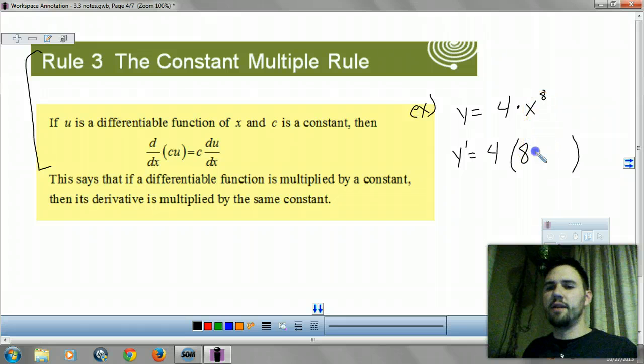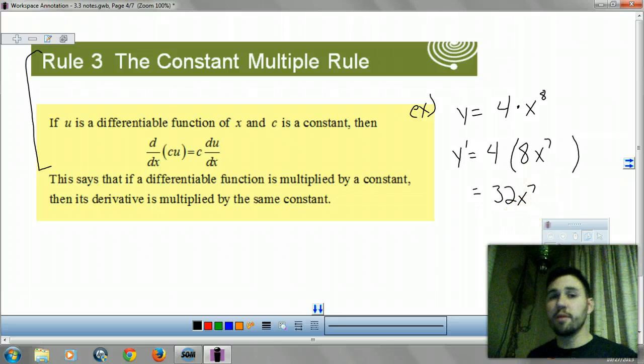Put the 8 in front, x to the 7th, subtract 1 from your exponent. 4 times 8 is 32, x to the 7th. Okay, so basically it's combining the last rule and just saying if you're multiplying your x by something already, you just multiply your derivative by it.